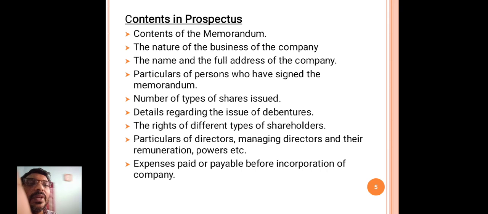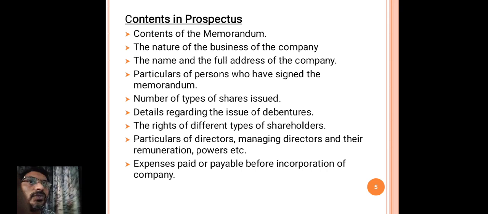Here the number of directors, the names of the directors and their qualifications are mentioned in the articles of association.